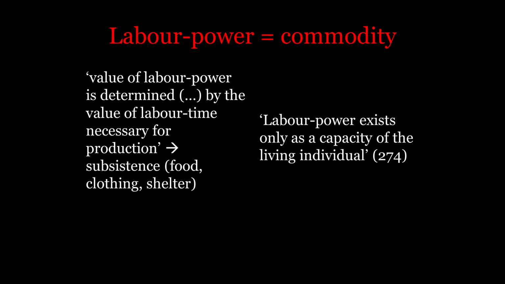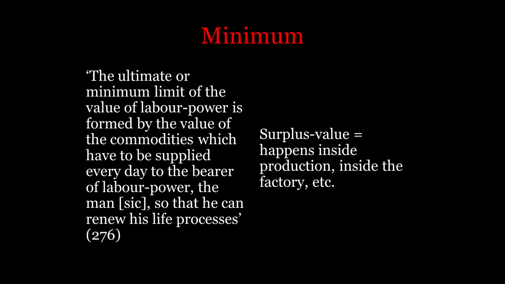And the capitalist must therefore pay me in order that I can work. But the capitalist only pays me a minimum. He pays me the minimum that I must have in order to barely survive.